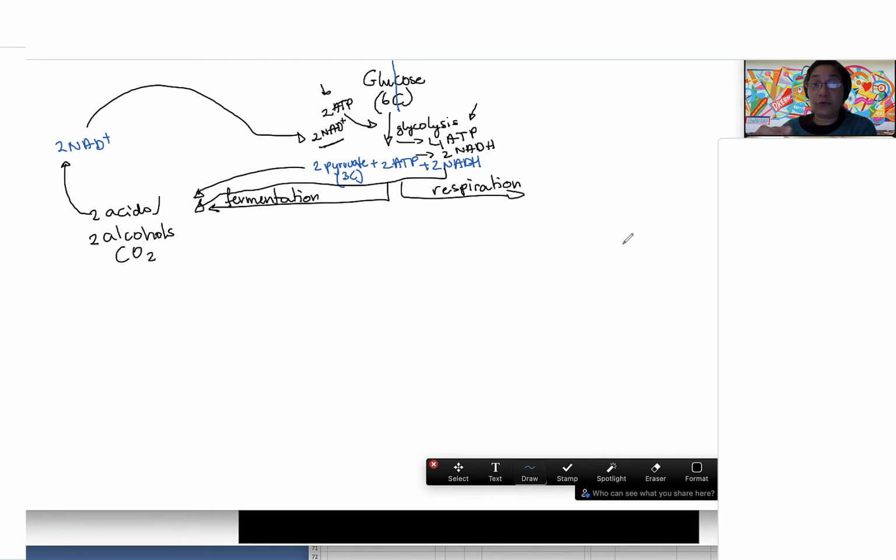If a cell goes through fermentation, then the pyruvate is converted to either acids or alcohols, the NADH is recycled back to NAD+, and the ATP goes to other stuff. It goes for making more DNA or making peptidoglycan, all the things that a cell needs energy for. Okay? But in the actual fermentation step, from pyruvate to acids and alcohols, no additional ATP is made.